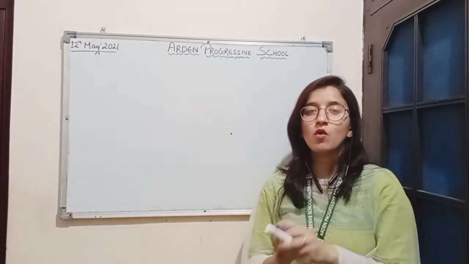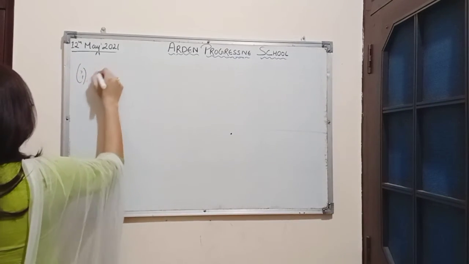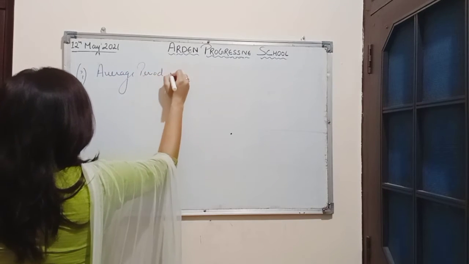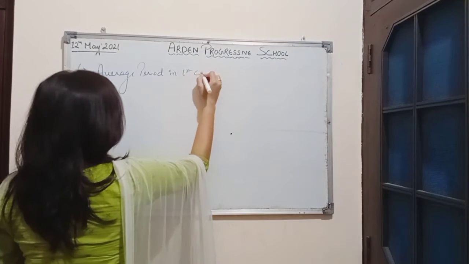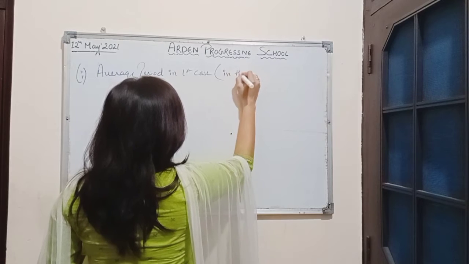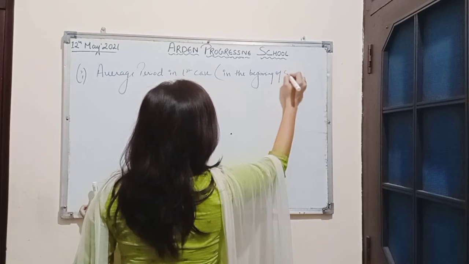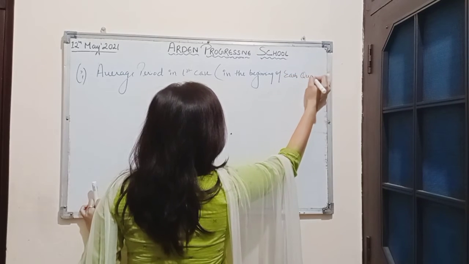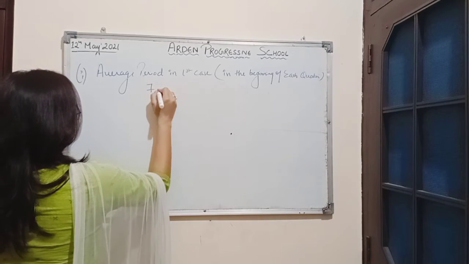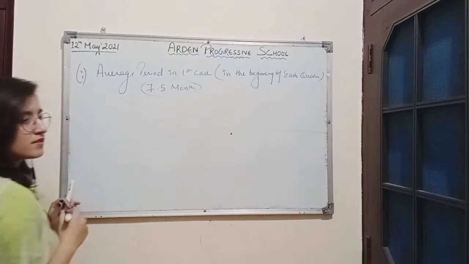So by analyzing all the 3 cases, we can conclude that average period in the first case, where the drawings were withdrawn in the beginning of each quarter, was 7.5 months.